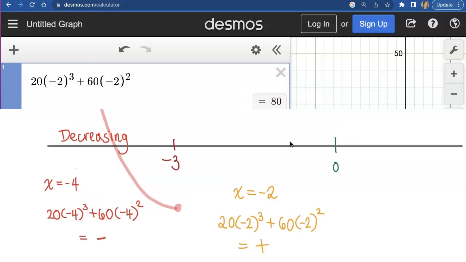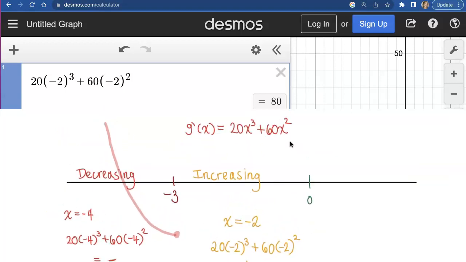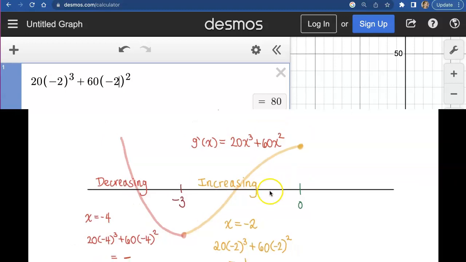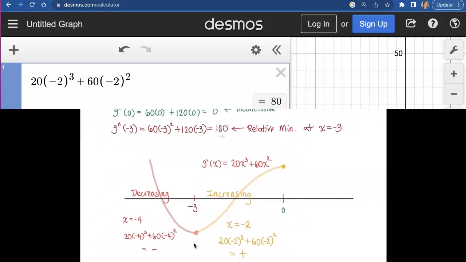So as we expected, the graph changed its behavior to increasing as it hit -3, because the second derivative test told us that this point is a relative minimum. So everything is working out so far.